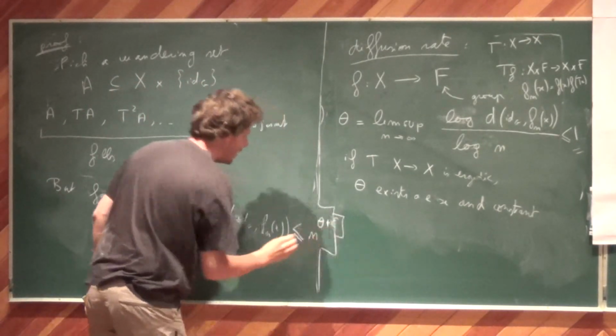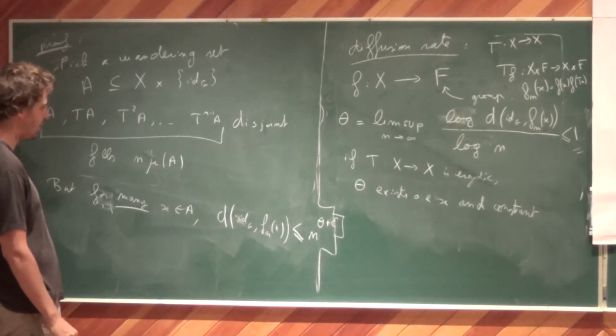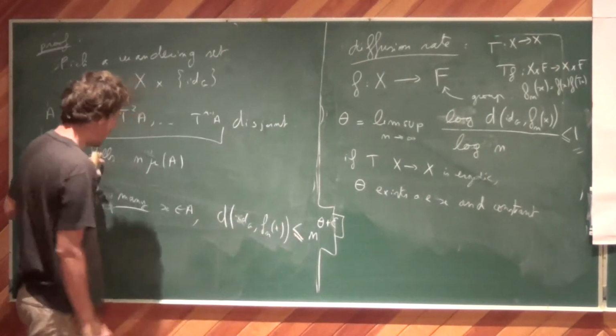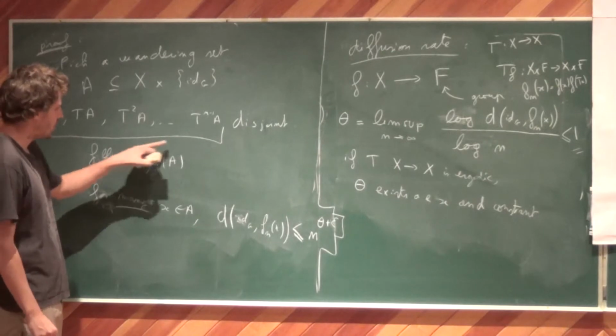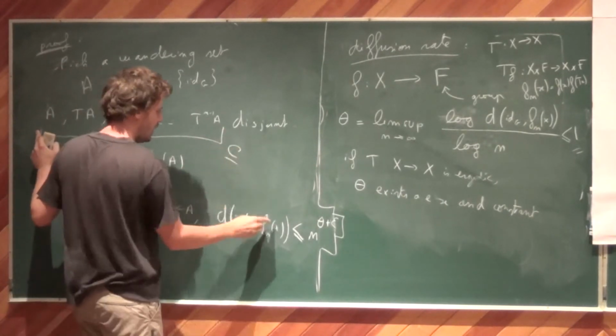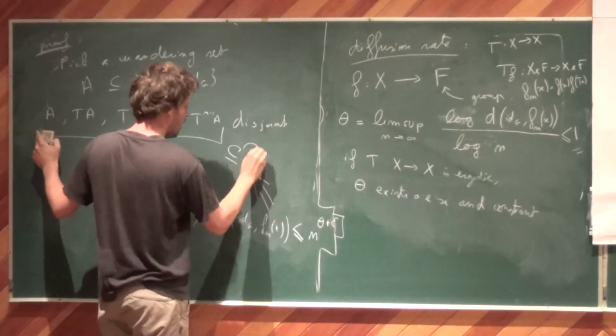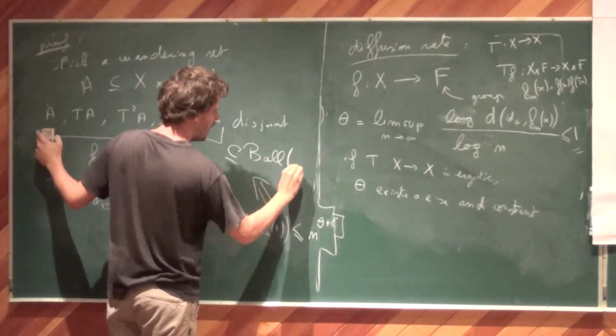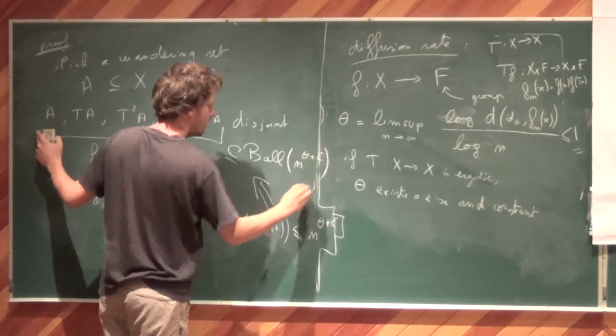You fix an epsilon, and this is smaller than n to the theta plus epsilon. So you have two quantities, and all these sets belong to some ball of radius n to the theta plus epsilon.